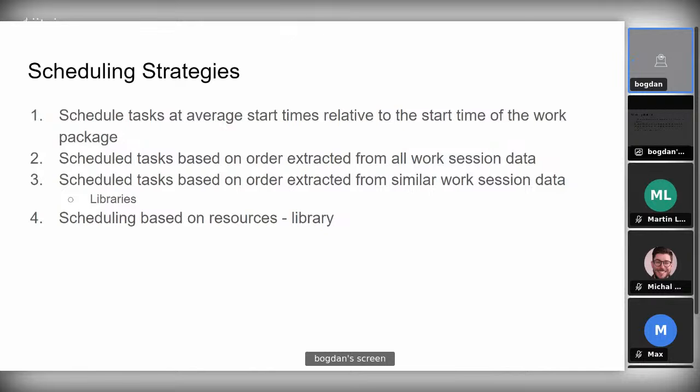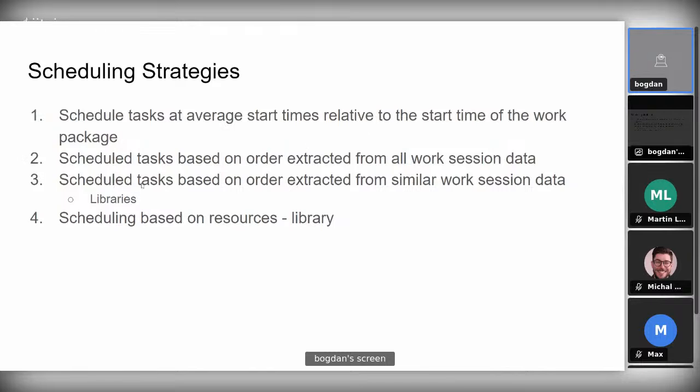However, we found only in the order of tens, so around 50 tasks or pairs of tasks that are ordered like this, while each aircraft could have thousands of tasks. This is a very small sample, and we could not use this strategy to take all of the work packages and try to find the order and reuse that. So this was the second attempt, and I'm not going to discuss that.